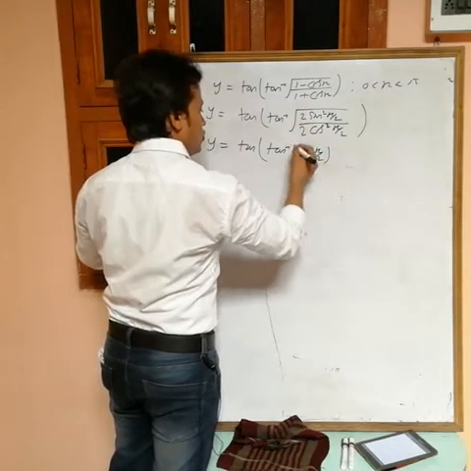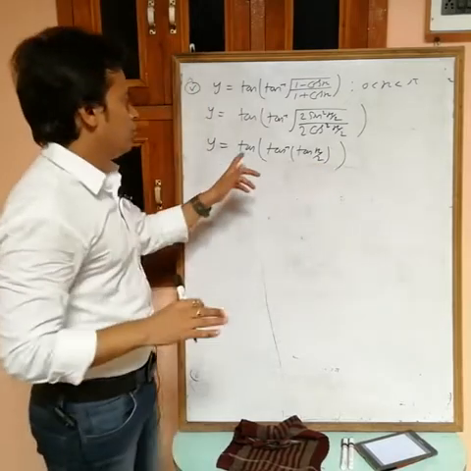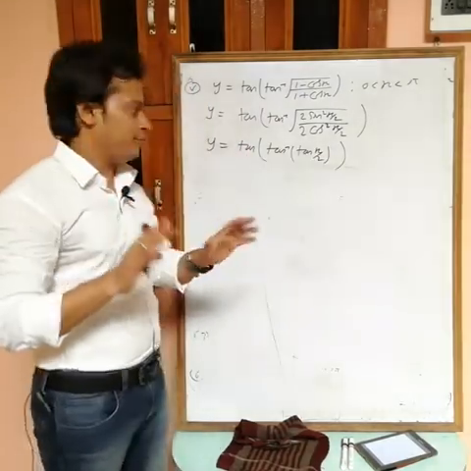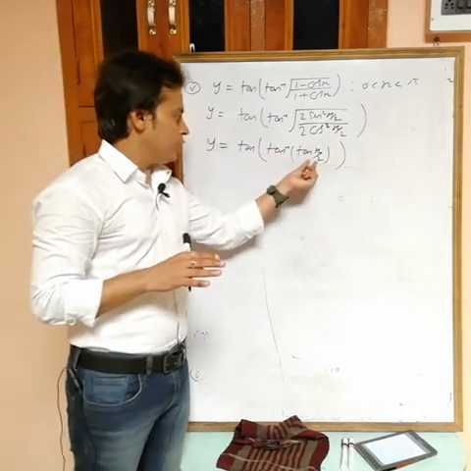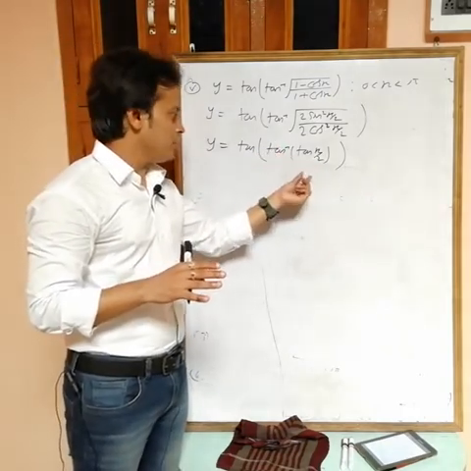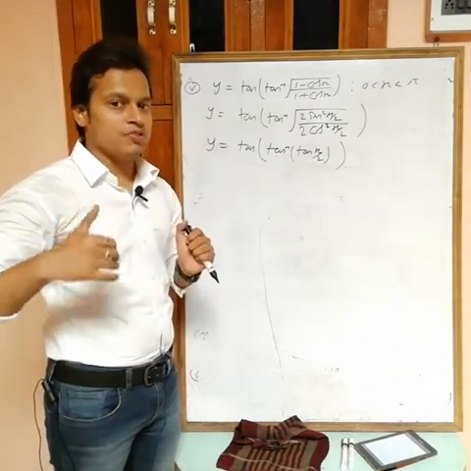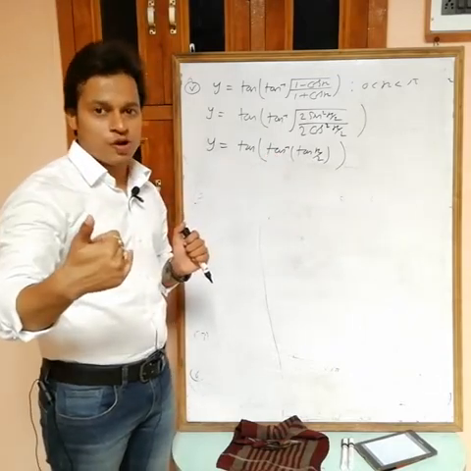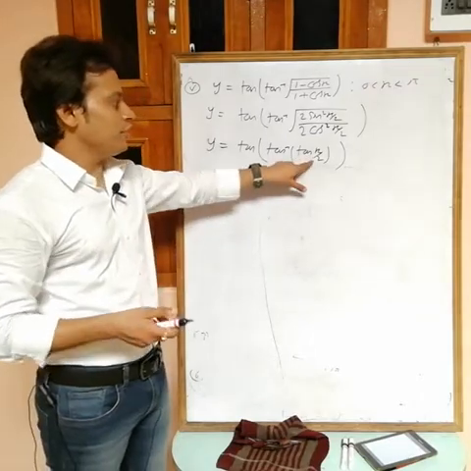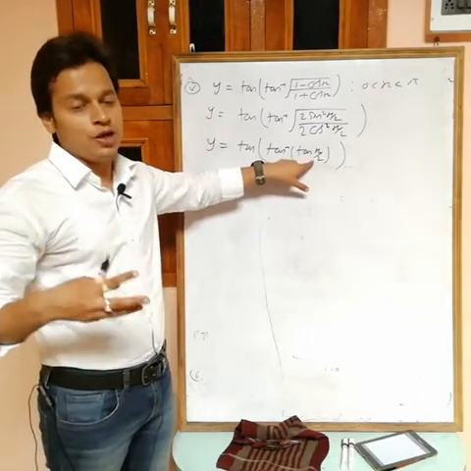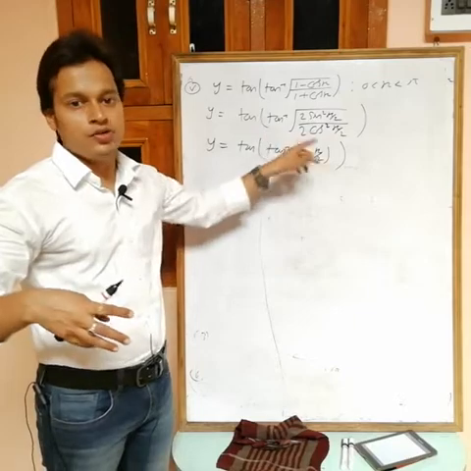Now can you cancel out tan inverse and tan? If you cancel out, you will get x by 2, and this x by 2 is the value of tan inverse. We know that the range of tan inverse is minus pi by 2 to plus pi by 2. So first you have to find the range of x by 2. If x by 2 is in the range of tan inverse, then you can cancel out.